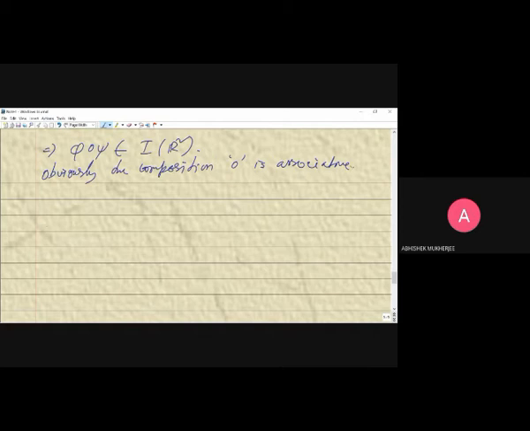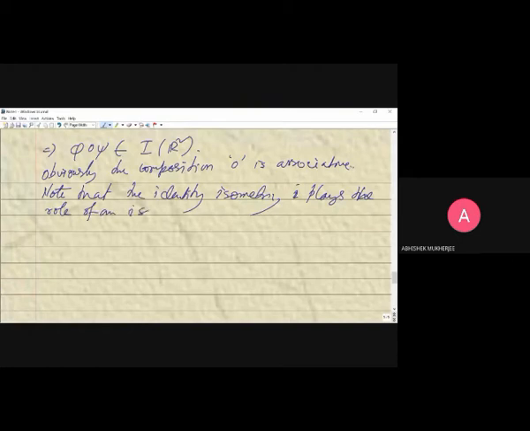Note that the identity isometry I plays the role of an identity with respect to circle.